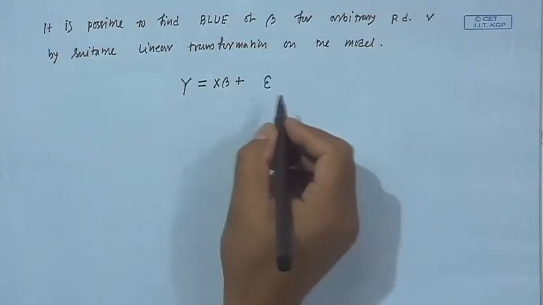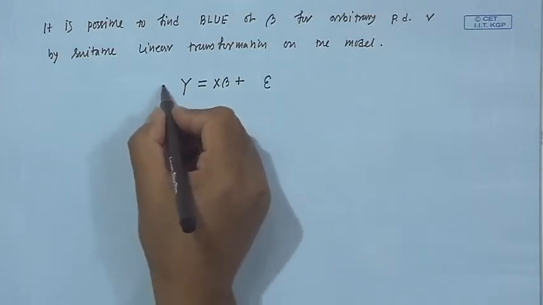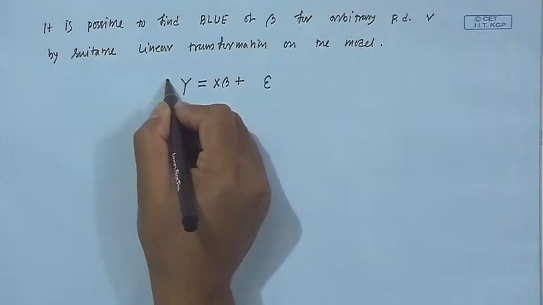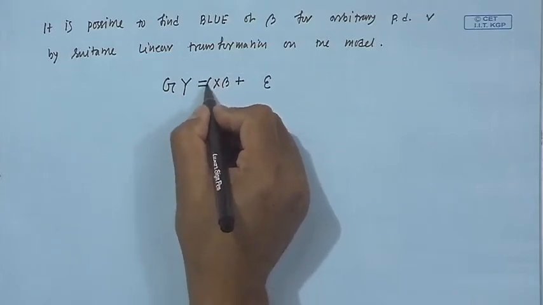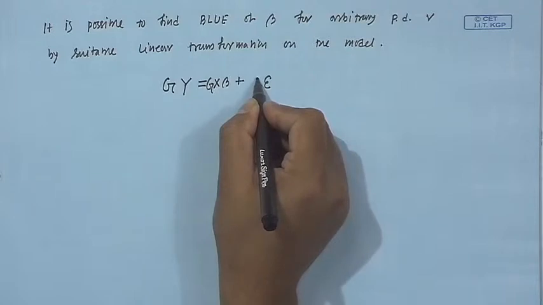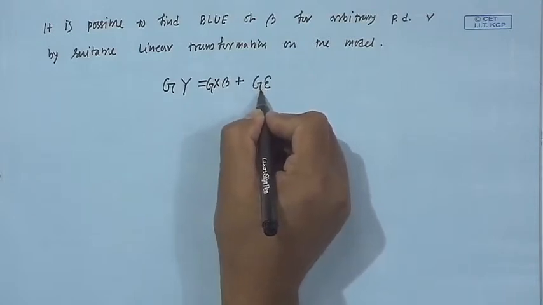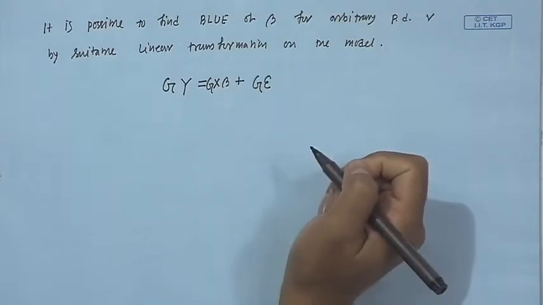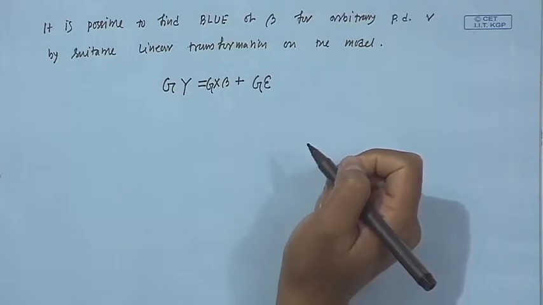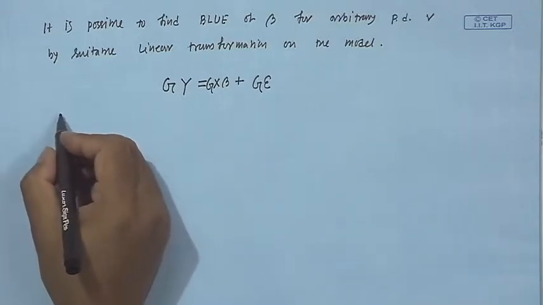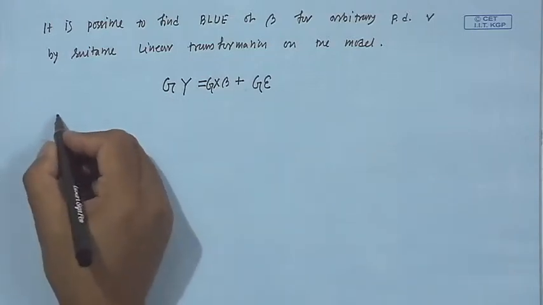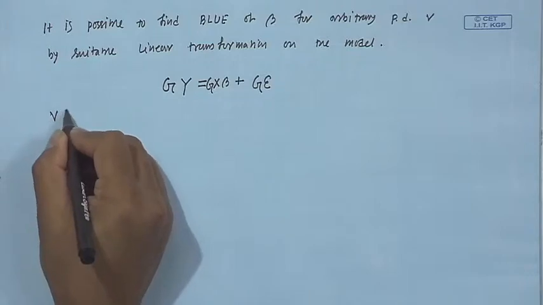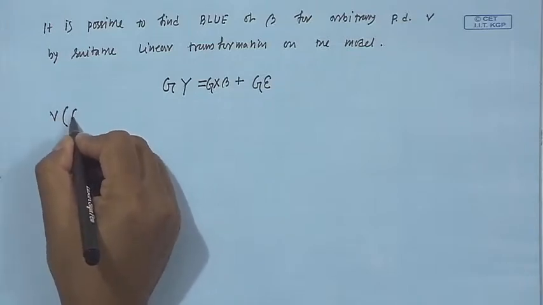Now, we will take a linear transformation on this model, we multiply this model by G, and now note that this is the transformed model now. So, what is the variance of G epsilon?